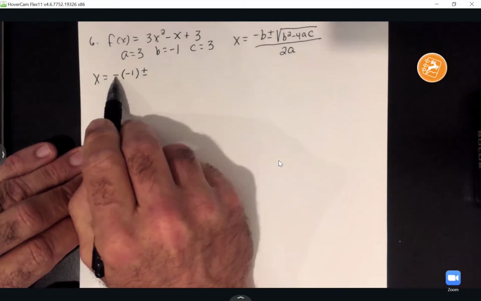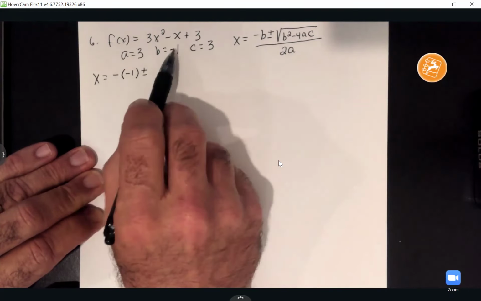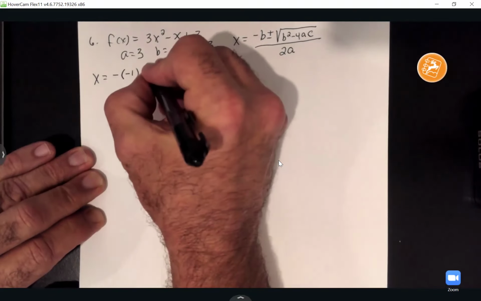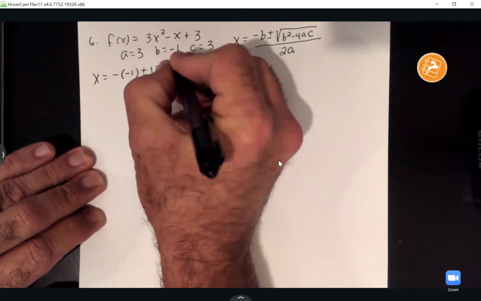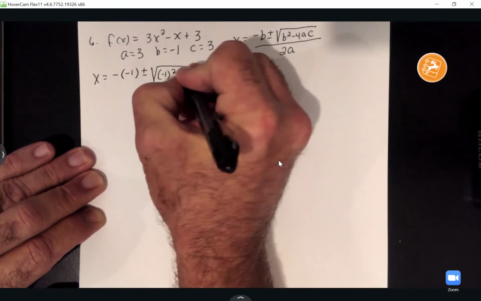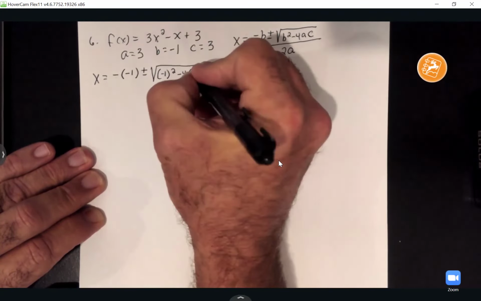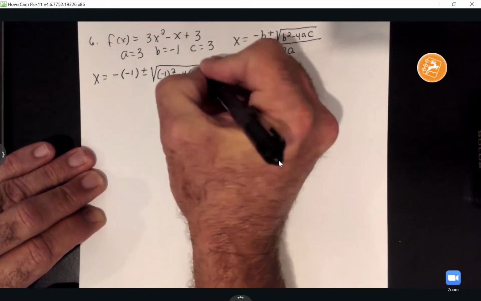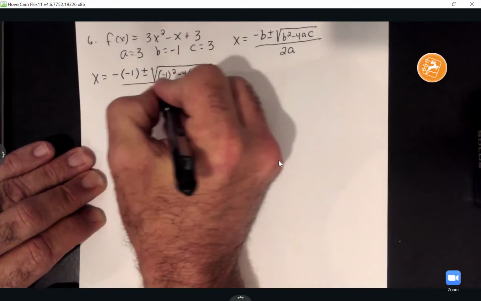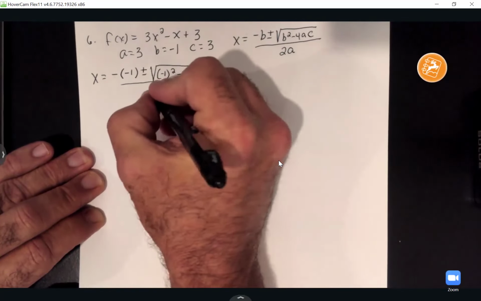So remember, that negative's only purpose is it's going to turn this -1 into a +1. All right, then I got -1 squared minus 4 times A, which is 3, and C, which is 3. All that over 2 times 3.